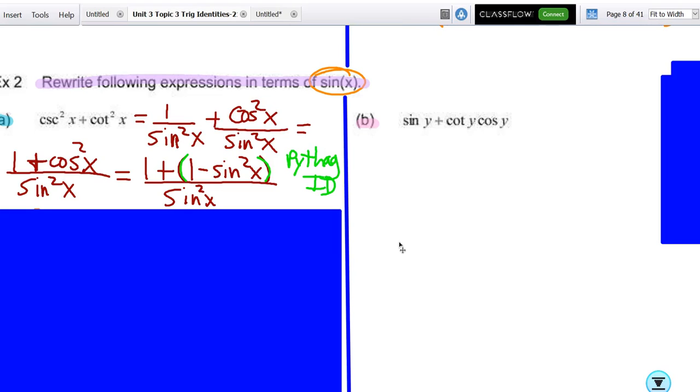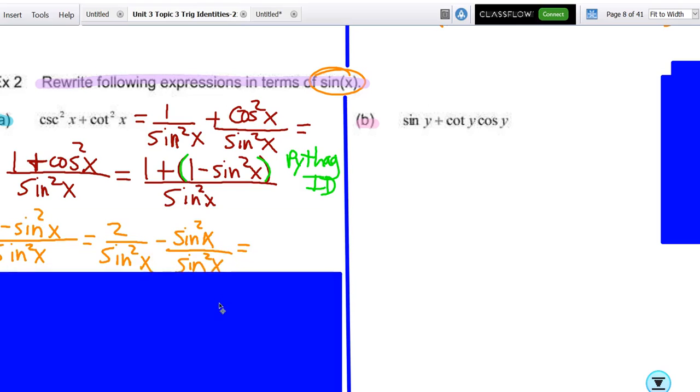Since cosine squared x plus sine squared x equals 1, 1 minus sine squared x is the same as cosine squared x. So 1 minus sine squared x is what my substitution is in the numerator. So when I simplify the numerator, I end up with 1 plus 1 is 2 minus sine squared x over sine squared x.